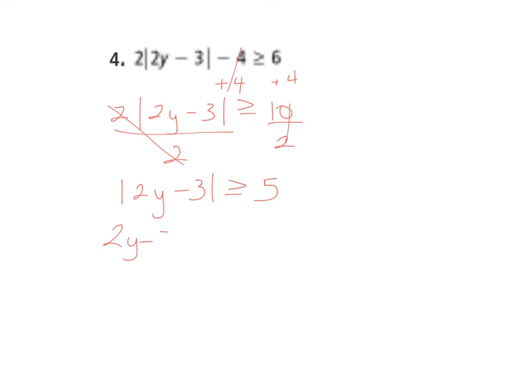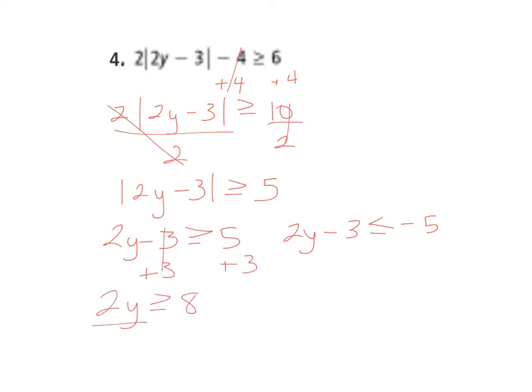2y minus 3 is greater than or equal to 5. 2y minus 3 is less than or equal to -5. Add 3 to both sides. 2y is greater than or equal to 8. Divide by 2 on both sides, we get y is greater than or equal to 4.